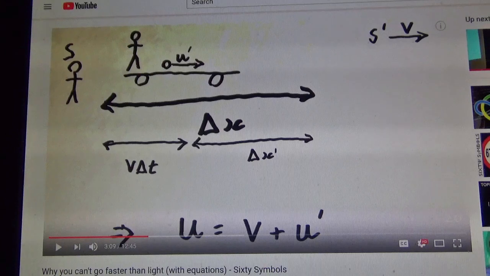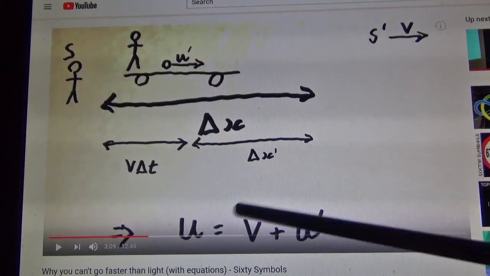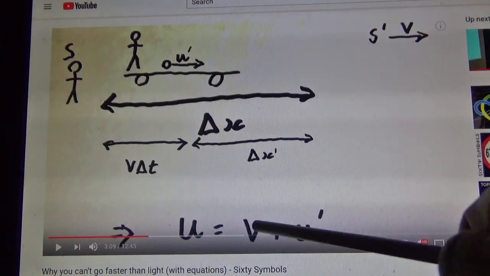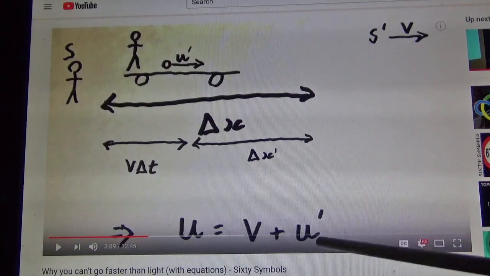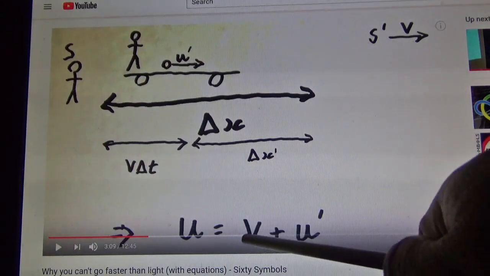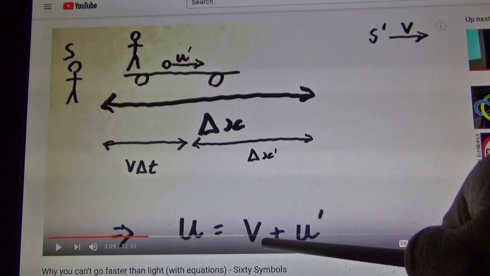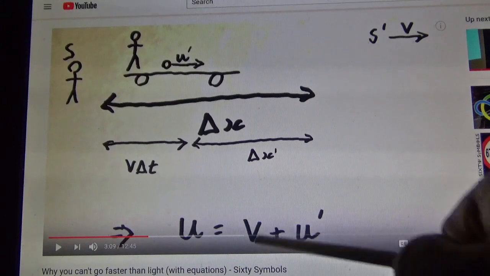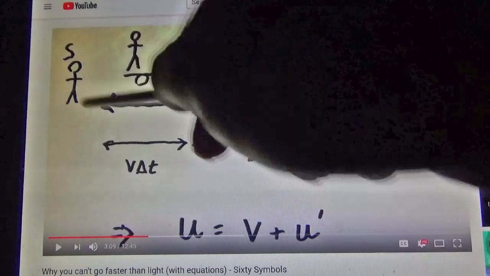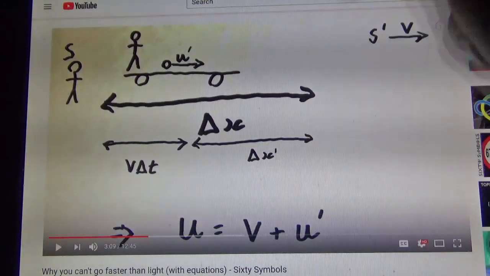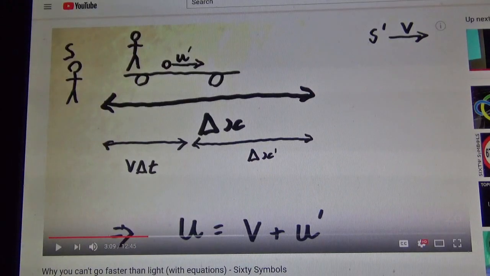It gets more complicated if you're talking about velocities going in different directions. But as long as they're going in the same direction, you can add them quite simply: the speed in that direction of that, and the speed in that direction of that. You just add them together to make the total, and that's Newtonian physics.